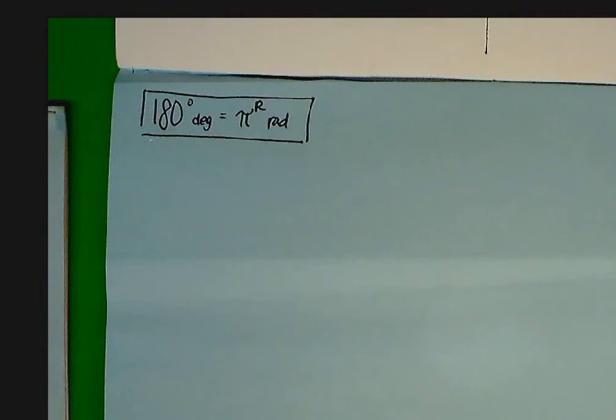Pi over 2. Again? Pi. Pi over 2. 2 pi. What about this? 1.5 pi, or we can say 3 pi over 2. Why is it 3 pi over 2? Because 3 over 2 is 1.5, which is 3 halves.